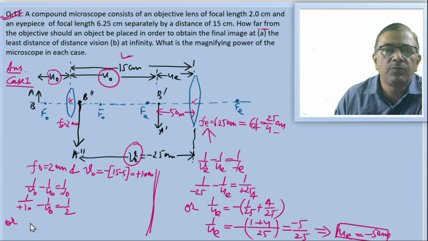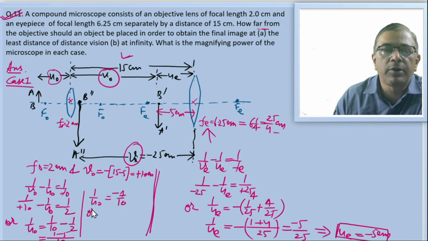Or 1 by UO is equals to 1 by 10 minus 1 by 2. Take 10 as LCM. Let's see what do I get. This is 1 minus 5, and this implies that 1 by UO should be equals to minus 4 by 10, or UO is equals to minus 2.5 centimeter.